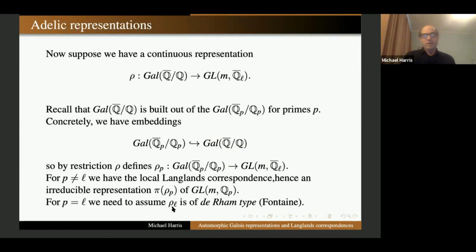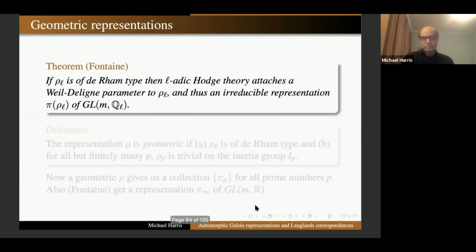And what is the hypothesis? Well, I don't tell you what the hypothesis is. I tell you what it's called. The hypothesis is that rho L is of de Rham type, and this is defined by Fontaine's p-adic Hodge theory. And then we have a theorem. We don't tell you what de Rham type is, but we tell you what it's good for.